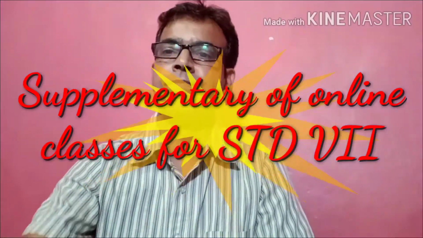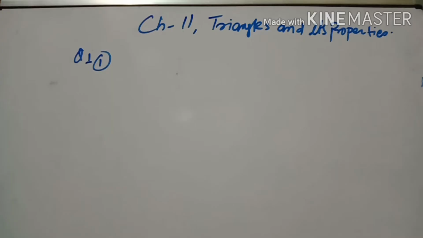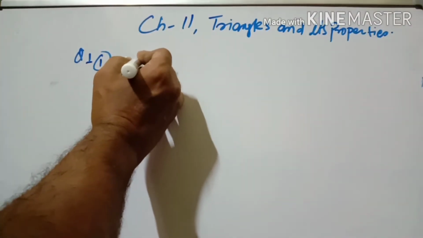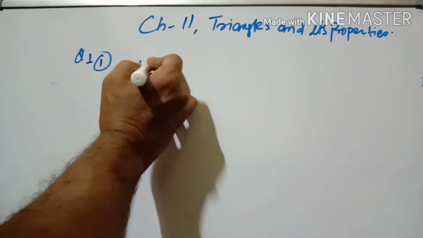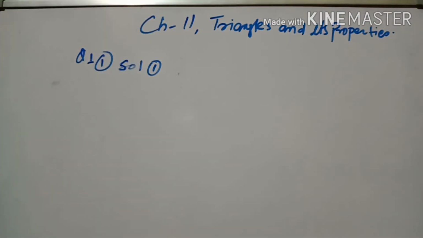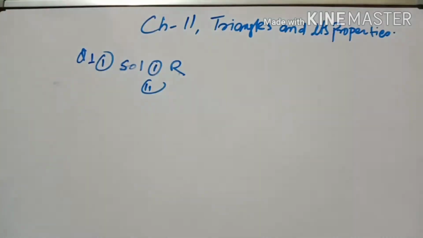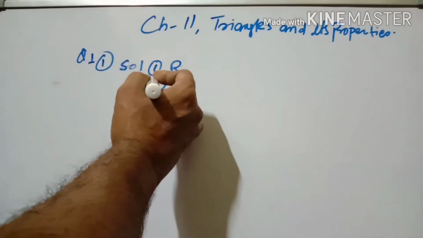You have to see. In the adjoining figure, exercise 11.1, question number 1, name the vertex opposite to PQ, and that answer will be R. Number 2, name the side opposite to vertex Q. Vertex Q, it will be PR.